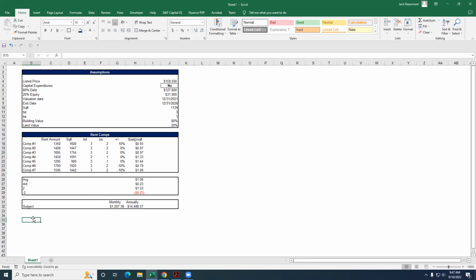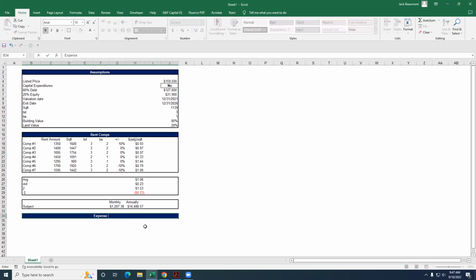Now we're going to do our expenses. Okay. So expense assumptions. So what we're going to have here, we're going to have property tax, we're going to have insurance, and we're going to have repairs and maintenance.